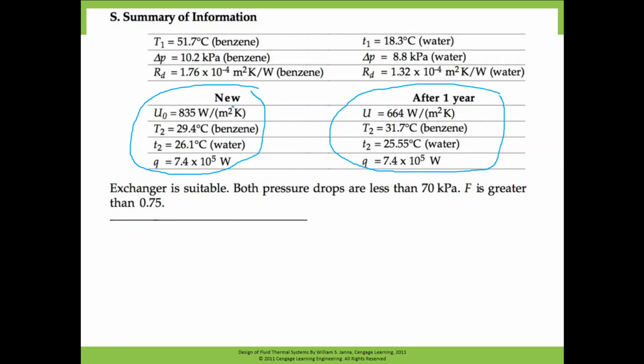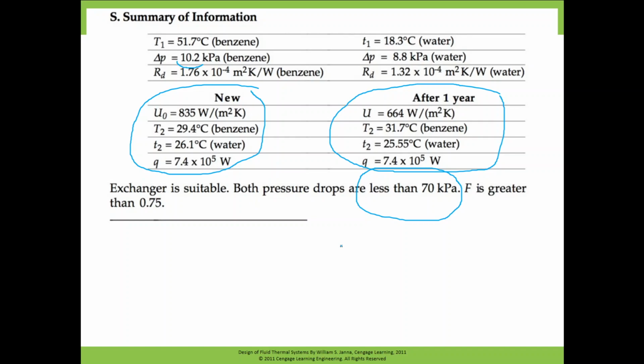So this is how we can tabulate the summary of our calculations. We can see that the pressure drop on both sides is less than 70 kilopascal. We take 70 kilopascal as an industrial pressure constraint, that the heat exchanger should not have more than 70 kilopascal pressure drop on either the tube side or the shell side.